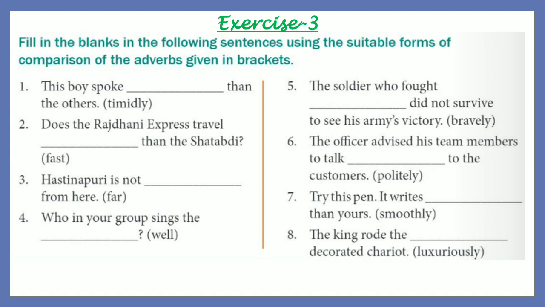This suggests that we are supposed to use the comparative form of the adverb given. Timidly ends in ly. Adverbs ending in ly must use more or most to make the comparative and superlative form. Answer is more timidly.